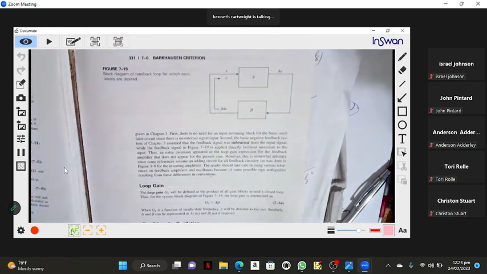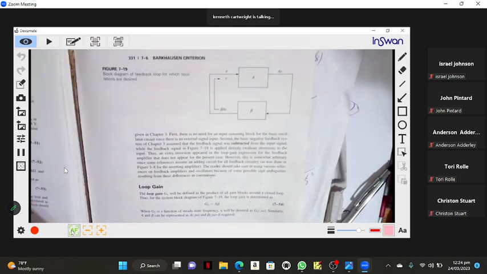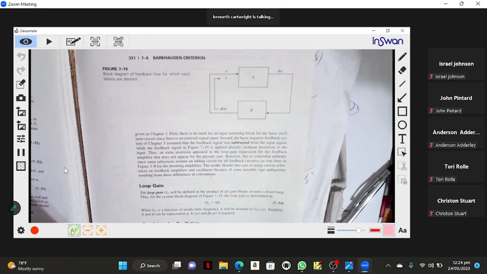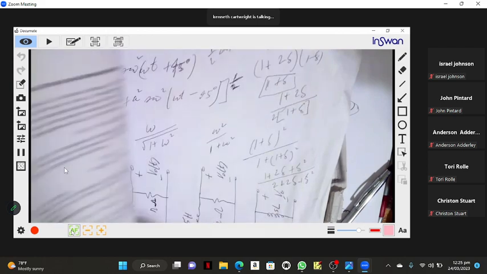A is what Dr. Turner would call G of S. Beta is the feedback path transfer function, the reverse gain. So A times beta should be 1. That's the Barkhausen criterion for oscillation.